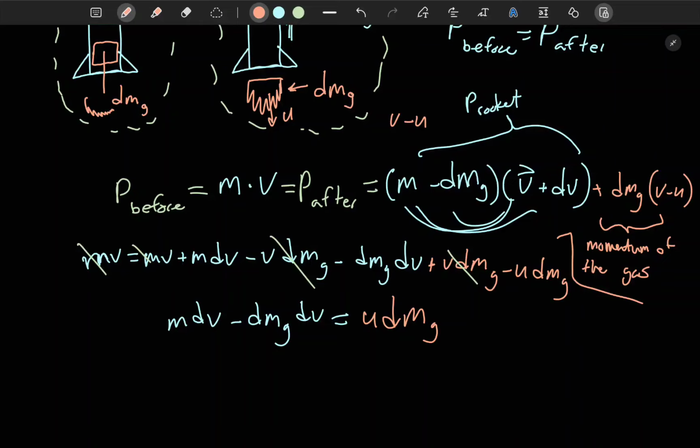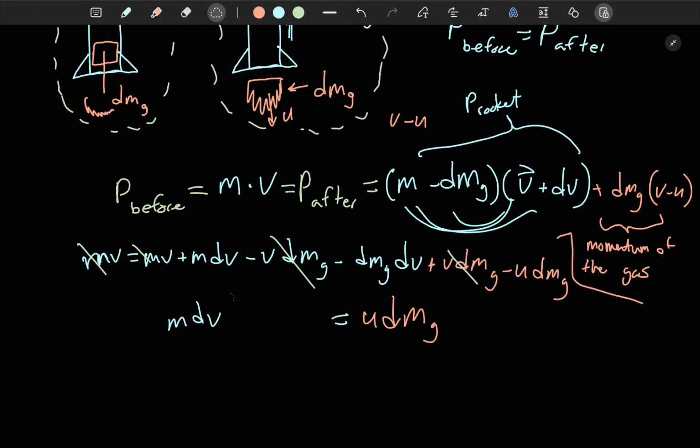Now I'd like to mention that since dmg and dv are both differentials multiplied by each other, this number will be so infinitesimally small that we don't even need to worry about it anymore. It's basically zero in this calculation.